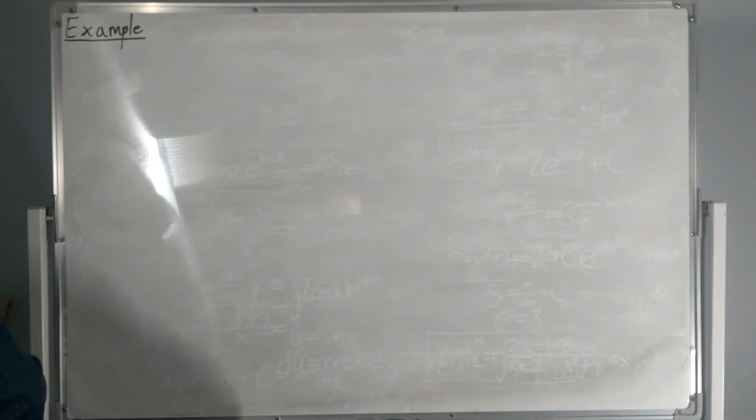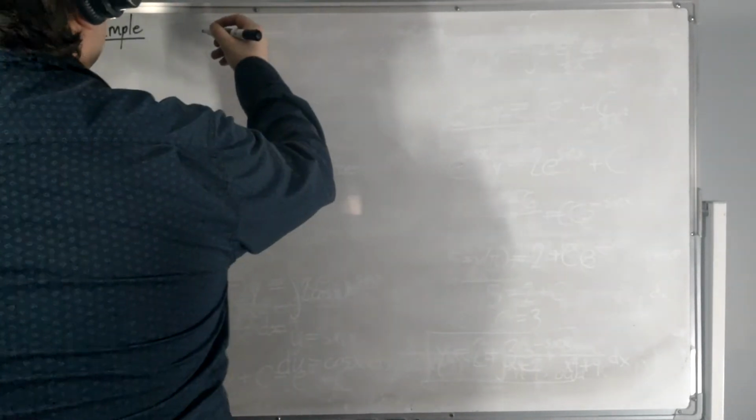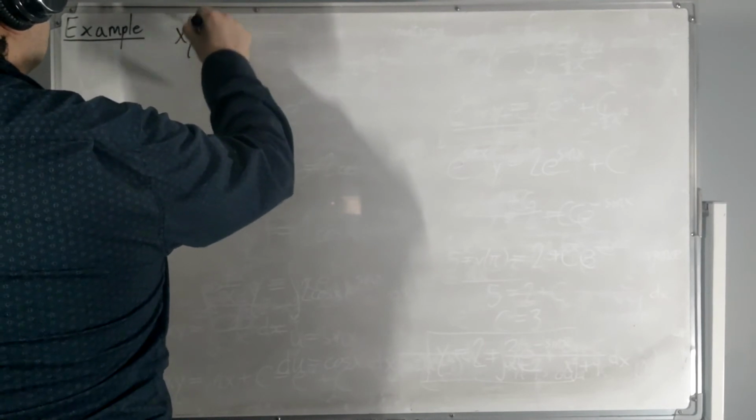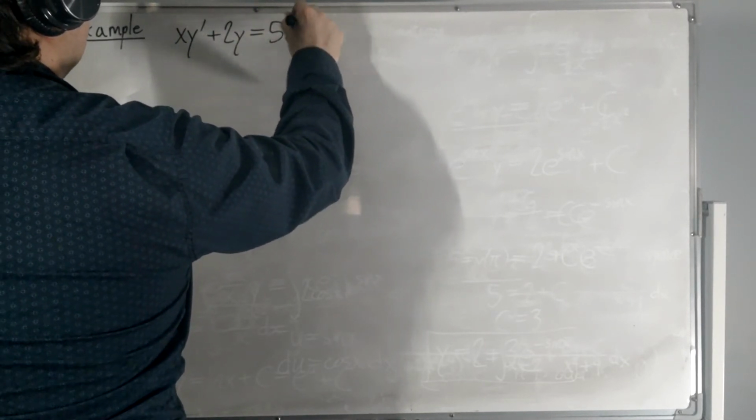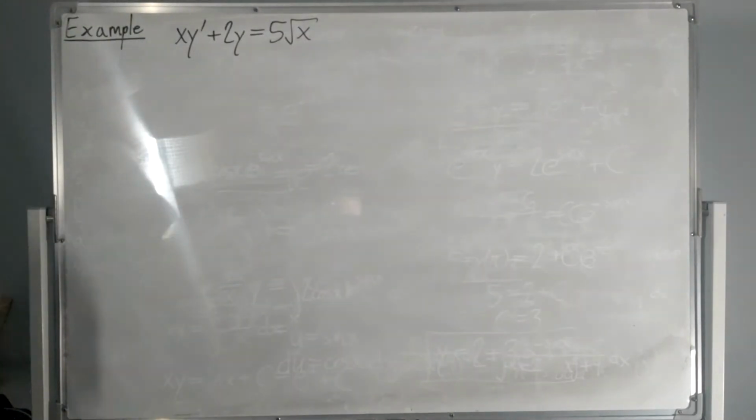This one is xy prime plus 2y equals 5 root x. All right, so first things first, it's not in standard form.